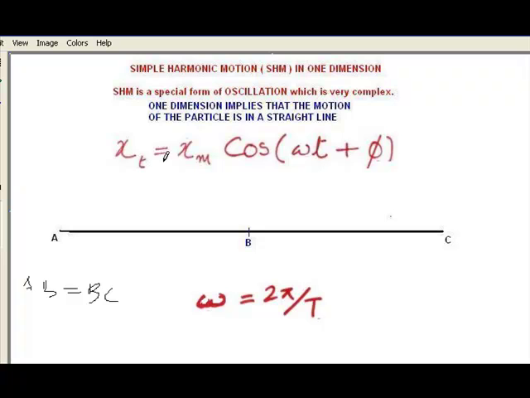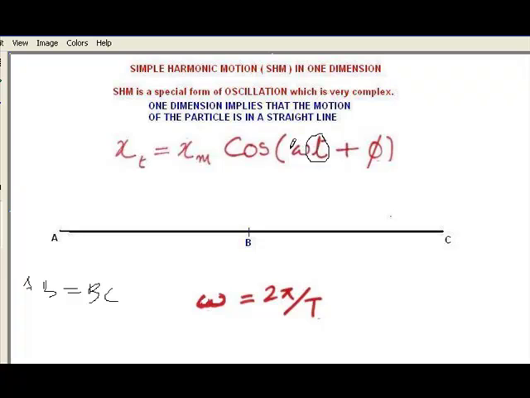Now what this equation is saying is that the displacement of the particle from this point B at a given time t is equal to xm, that is the amplitude, into cos(omega t plus phi), this is phi, this is psi, whatever, this is a constant. Now here t is the variable, that means x is a function of t, the rest are constants.